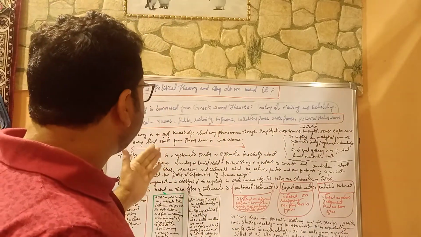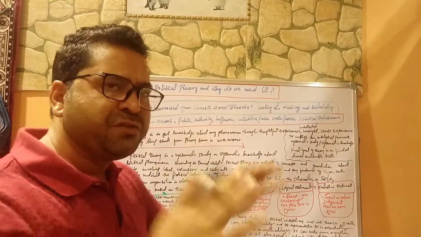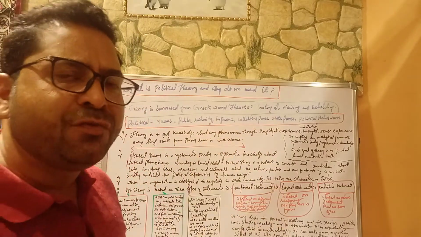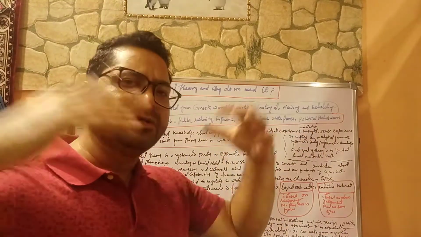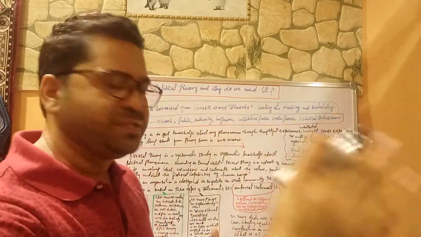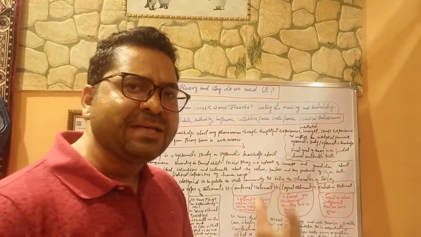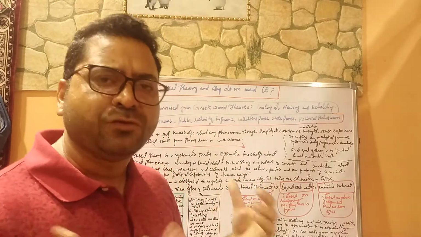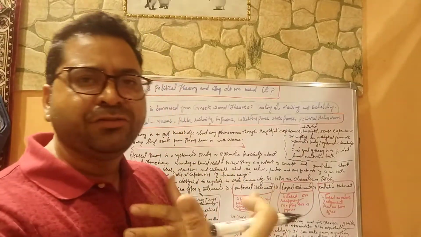So everything starts from theory. This is a very general notion. Whether it is science or any subject, it has to start from theory. So theory comes first. Same is the case with political science. We have to start from theory. So we are always interested in theory building.